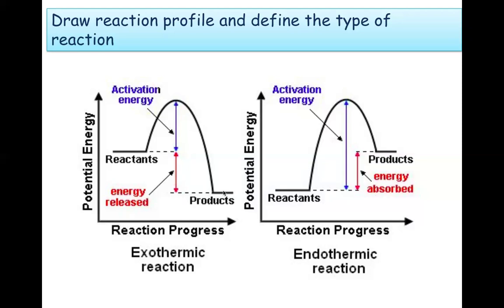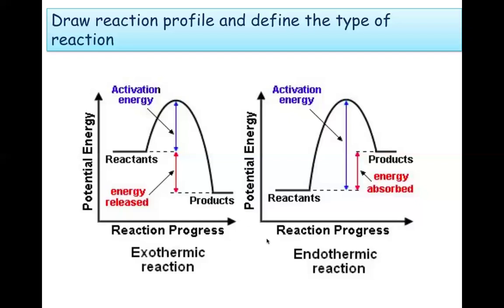And the products are lower than the reactants in terms of energy. Because the products are lower than the reactants, energy is given out, it's released, which is this red part here. You may be asked to do some calculations on a graph like this, particularly at higher tier. That's your exothermic reaction. Energy is released or given out.